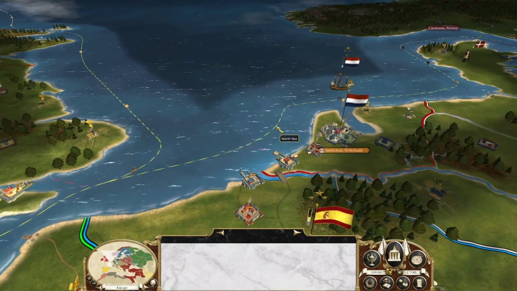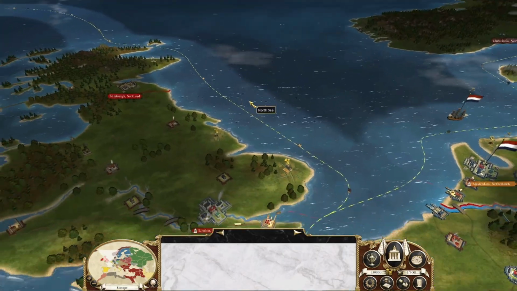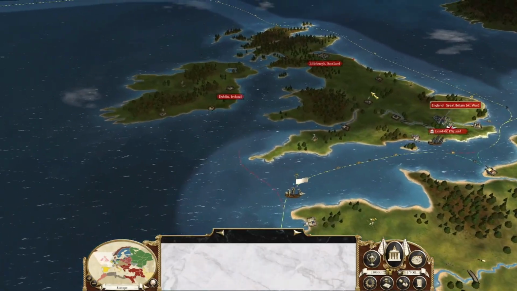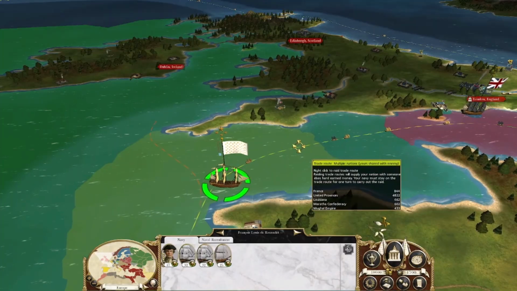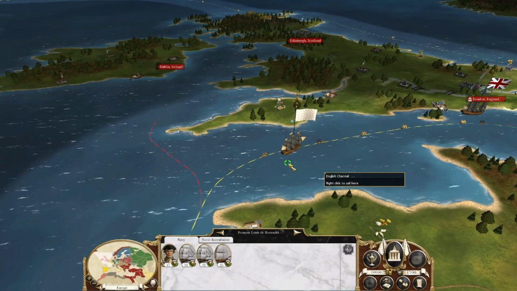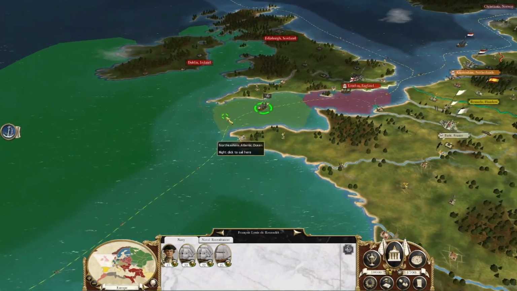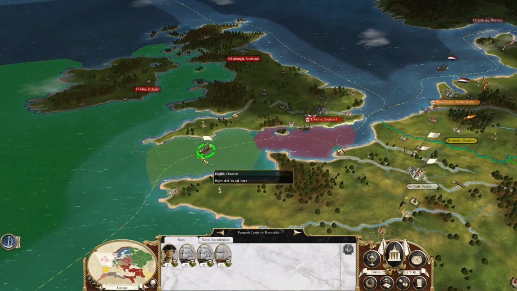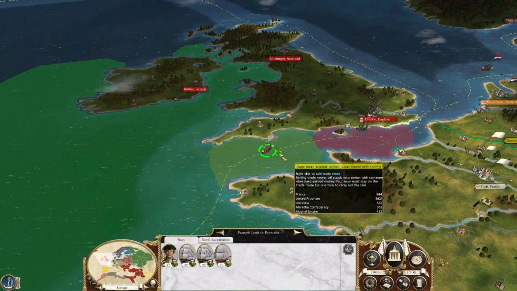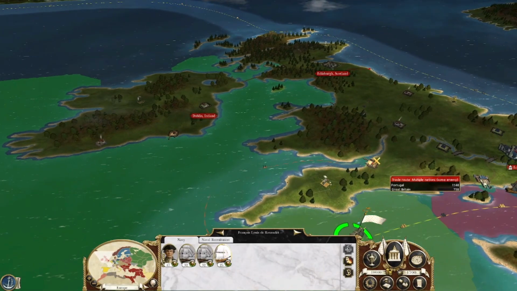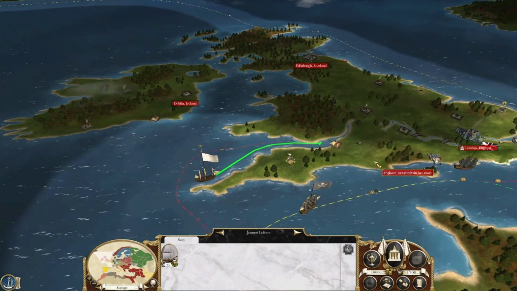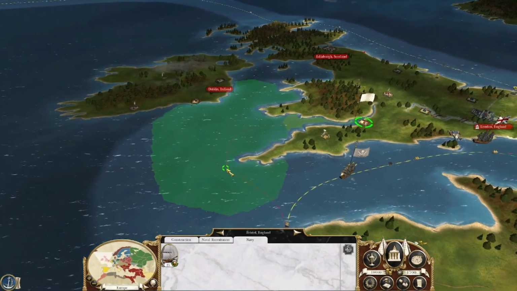This trade route here is yellow, which means it's used by both us or our allies and by our enemy. And so on any trade route used by your enemy, you can position a ship on it which will pirate any trade that is going to them and take it for yourself, or you can move a ship to their port to completely cut off this trade route.